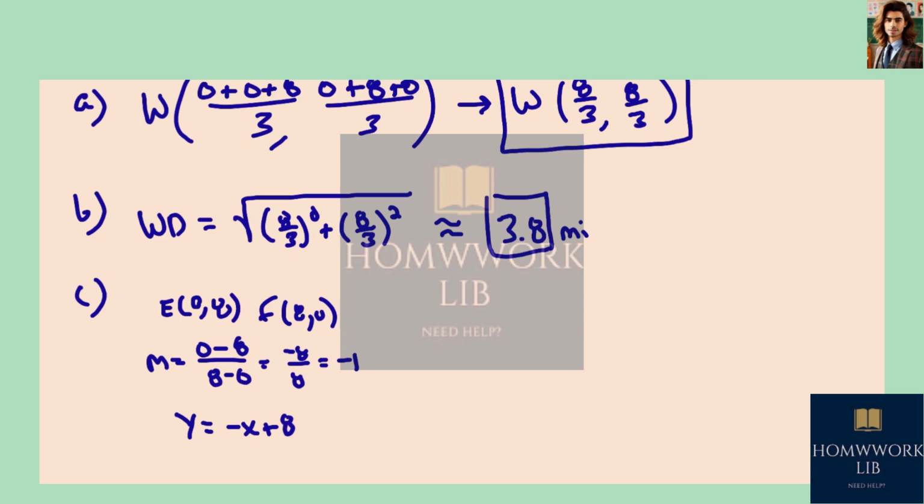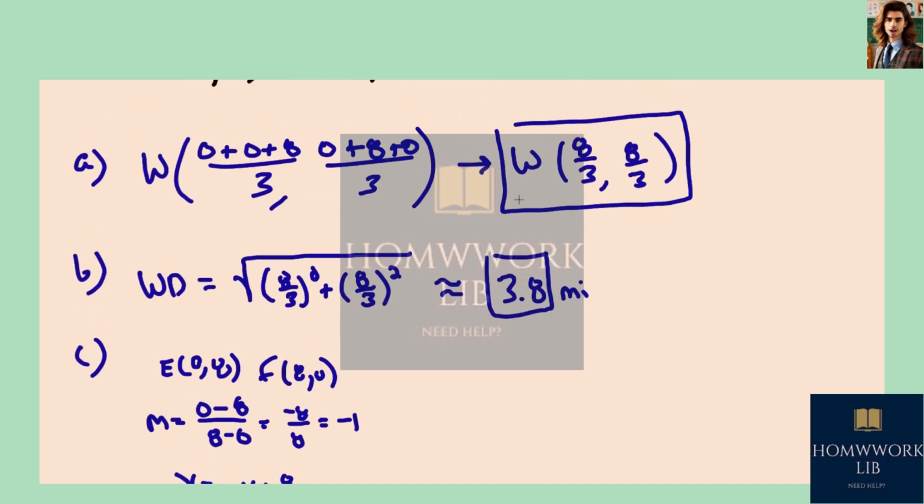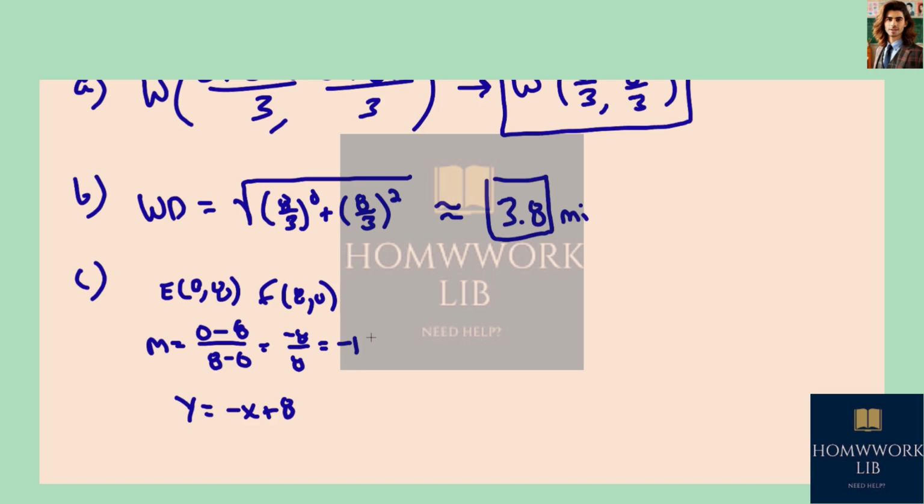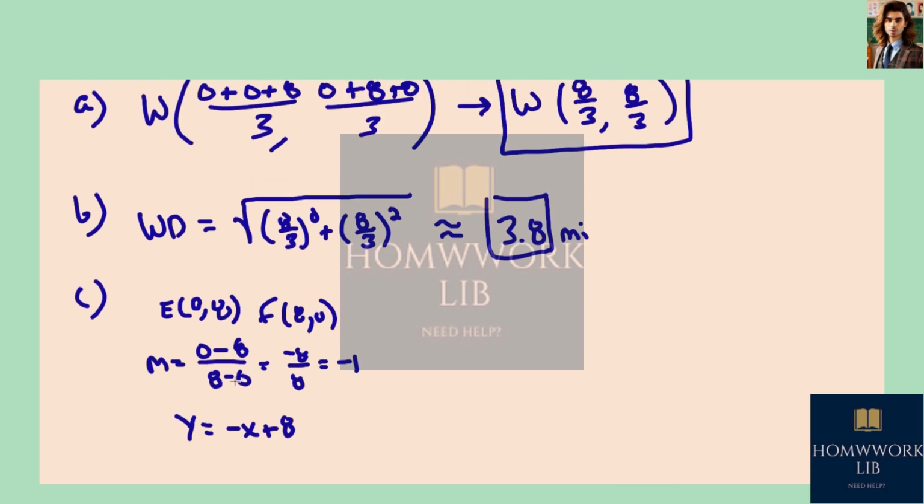And now we want the distance between the warehouse to the road, so 8 thirds, 8 thirds. We need to be perpendicular, so let's come up with the equation that is perpendicular.